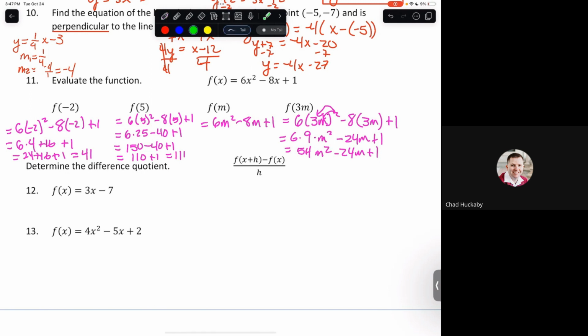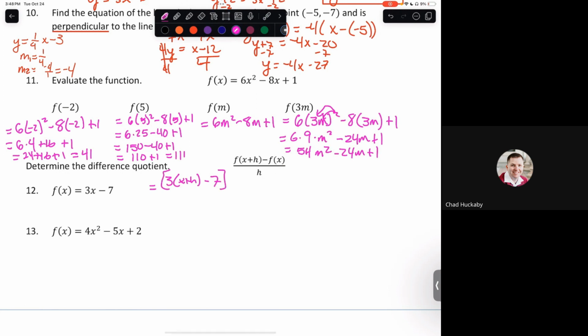So this is what a difference quotient is. It's f of x plus h minus f of x all divided by h. So what we do is we take x plus h in the function. So that's equal to 3 times x plus h minus 7.